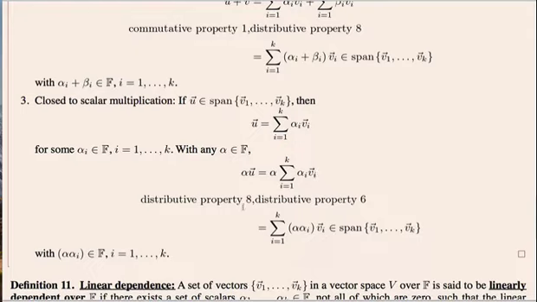Then we can use the distributive property 8 from the definition, which means that we can multiply through with alpha term by term, and also property 6 that says that when you multiply alpha with alpha_i v_i, then you can just combine alpha with alpha_i. Then we get that this equals the sum of alpha times alpha_i v_i, where i goes from 1 to k. And that means this is in the span because it's a linear combination with scalars alpha times alpha_i as i goes from 1 to k.